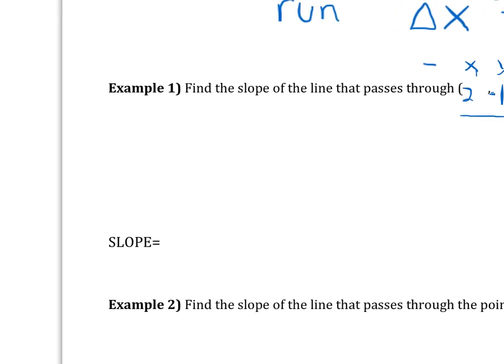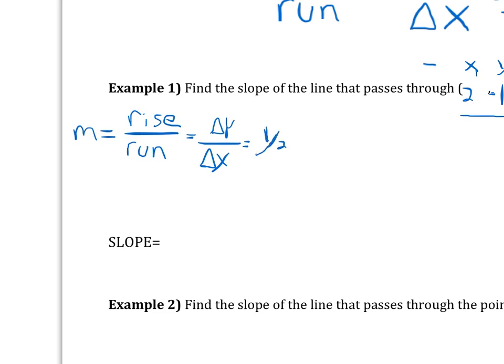So what we're going to write for the slope formula is m equals rise over run, which is equal to how much does y change, or the change in y over the change in x, which is equal to y2 minus y1 over x2 minus x1. Okay, so we're going to write out the slope formula.